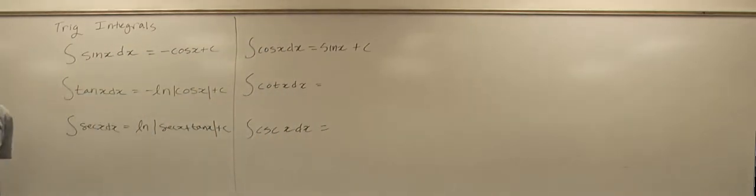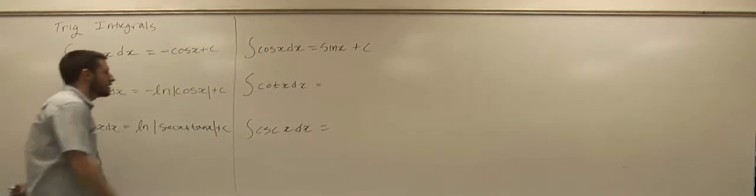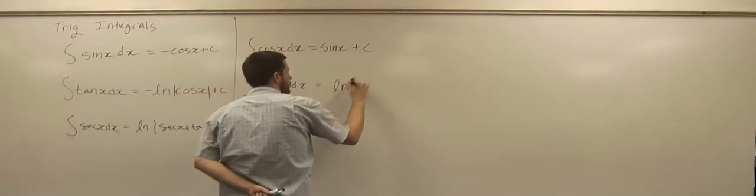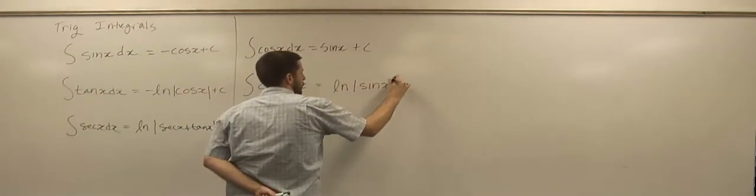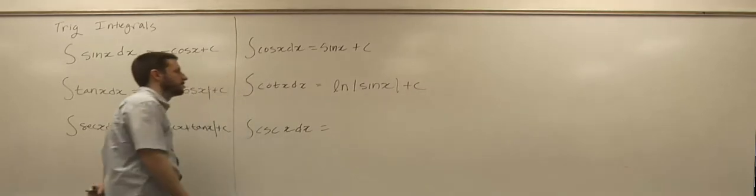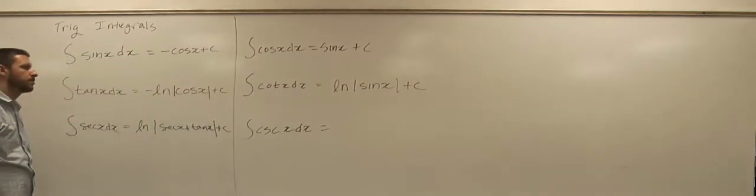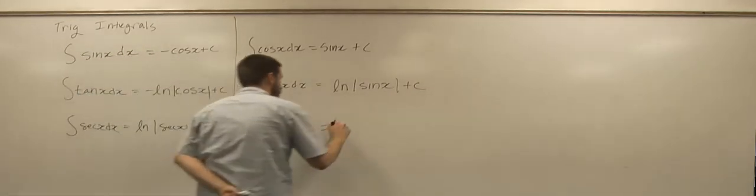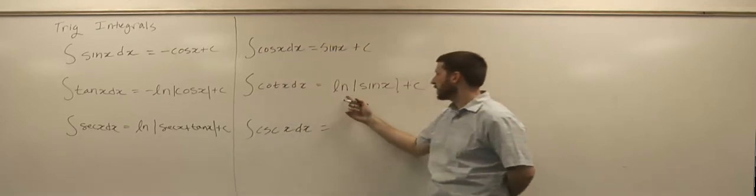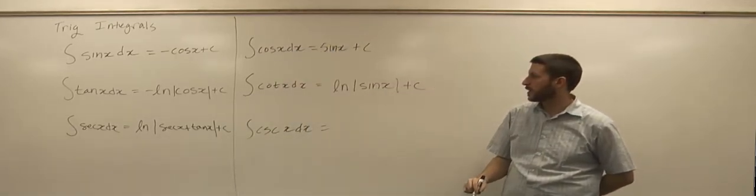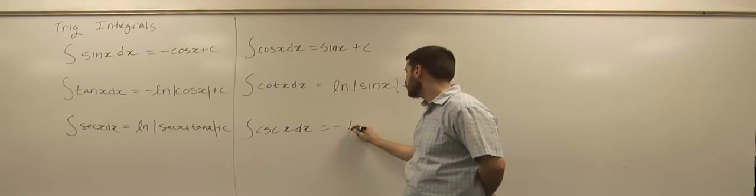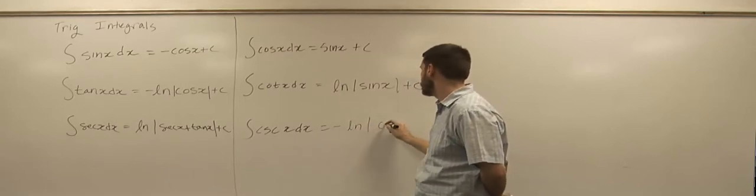Cotangent and cosecant follow the same pattern. This guy will be natural log of absolute value sine x. And this guy, the negative goes away here. And this guy will be negative natural log, pick up a negative on this one.